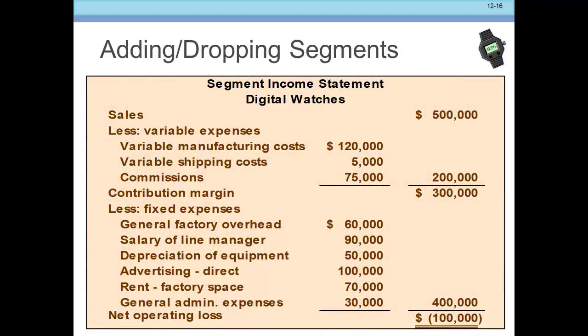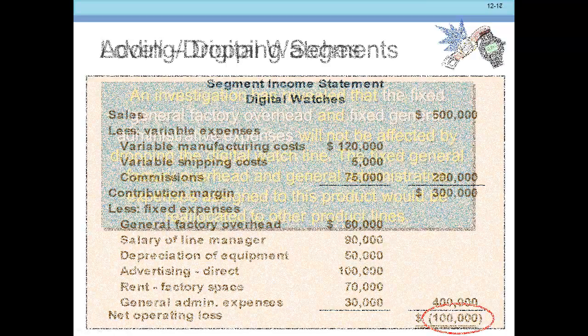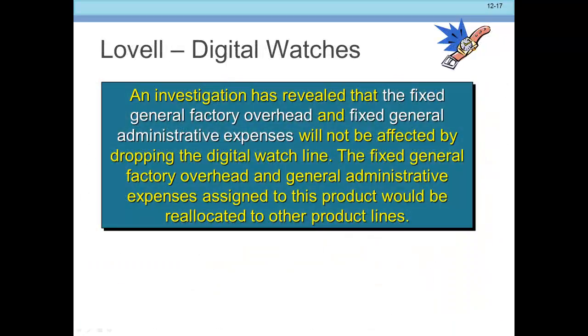So here are Lovell's financial results for their digital watch division. Looks like things aren't going so well. That's a $100,000 loss. So it seems obvious that they should close the division, but we need to look a little closer. We figure out that the fixed general factory overhead and the fixed general administrative expenses don't go away if we drop the watch line.